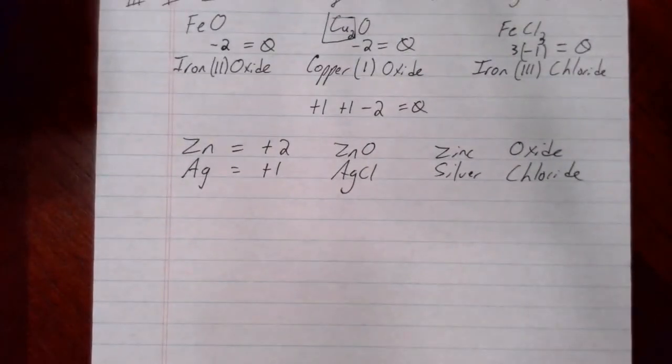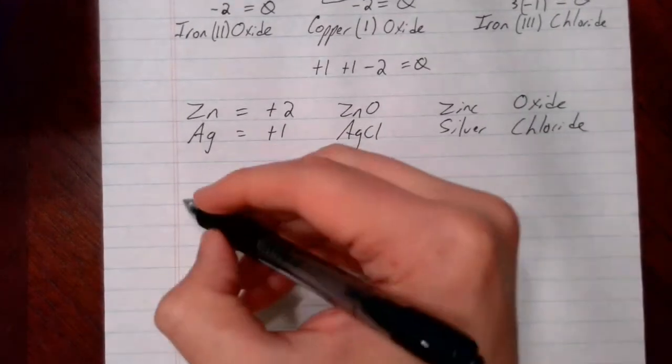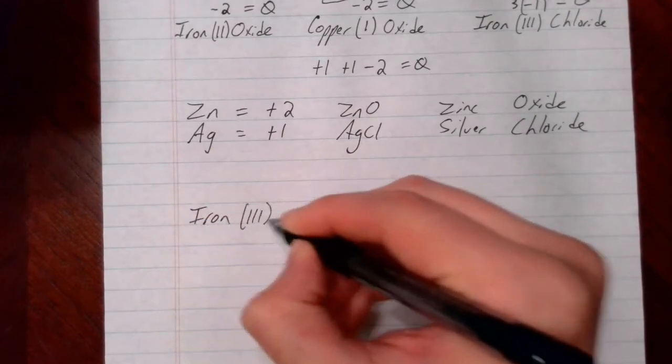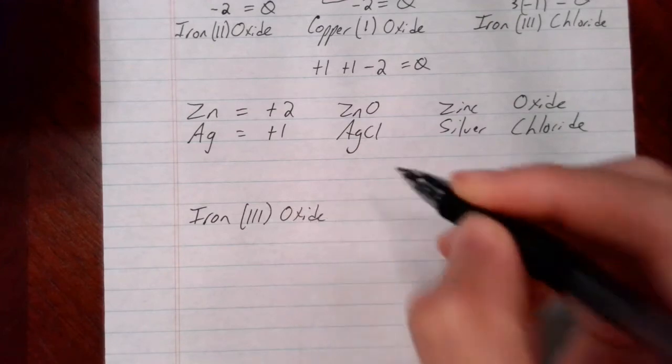Okay, so let's go in the opposite direction now. Let's go from a name with a variable charge to a formula with a variable charge. This is probably the easiest of all the things that we do. So we have iron 3. I don't know if I said this or not, I apologize if I didn't.